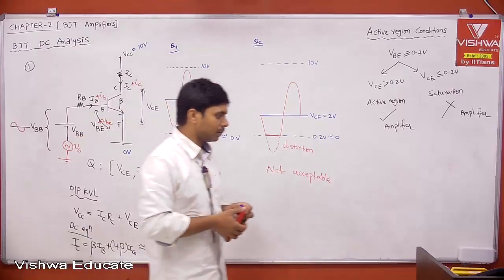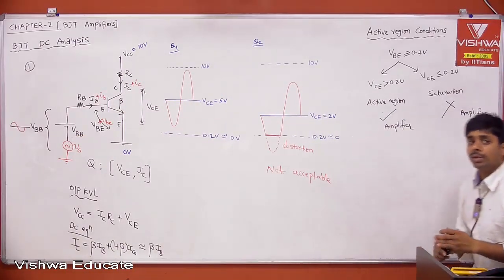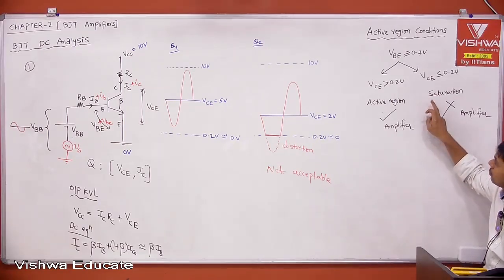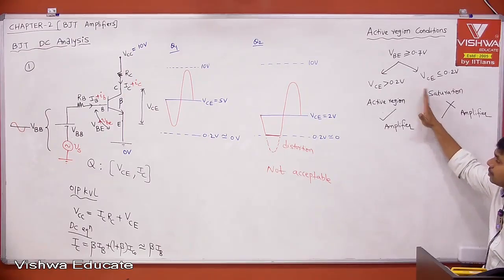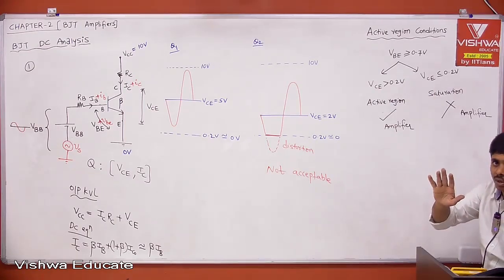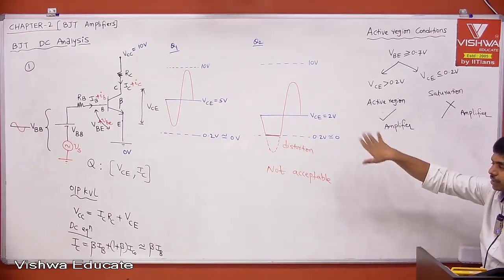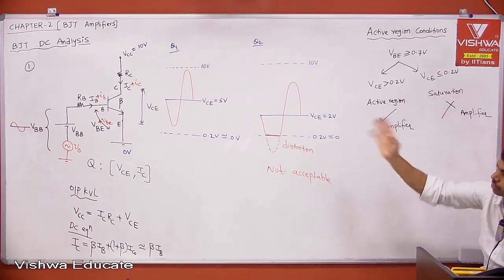Okay, take it. We have 2 minutes to complete the session, but I think 2 minutes is not enough. First of all, you can take these active region conditions which I have given already before. Then you can take it, maybe you can stop. Okay, then no need to draw, or you can resume the video and then you can take it. But first of all, write the conditions, then you can go to the circuit.